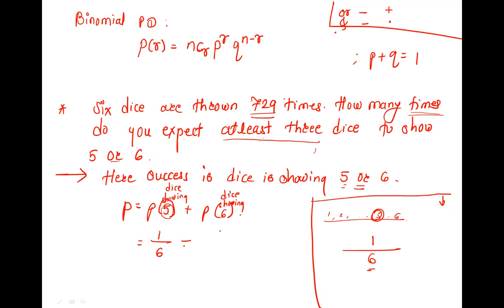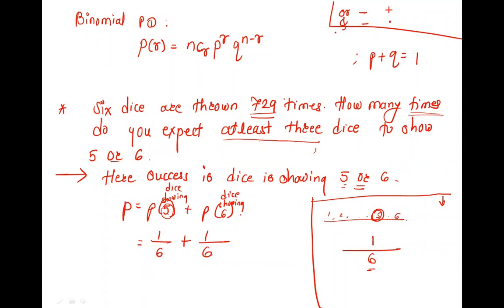Then or 6. What is the probability that dice is showing 6? How many possibilities that dice will show 6 on the upper face? 1 out of 6. There are total 6, and to show 6, there is only one such chance.